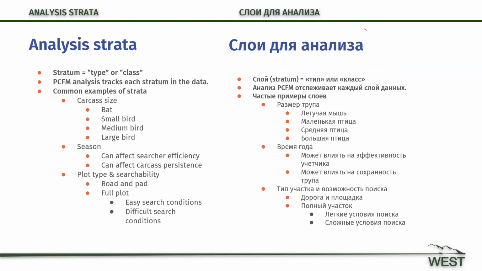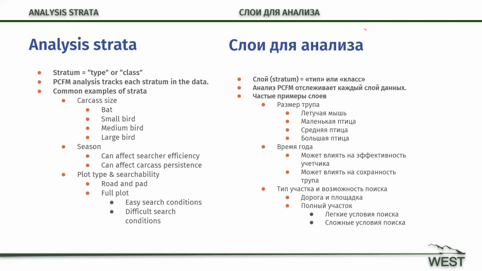Before I actually get you into what the data look like, I want to talk about a very important concept, which is analysis strata. A stratum is just a type or class of carcass. Post-construction fatality monitoring analysis tracks each stratum in the data because different types of carcasses have different detectabilities. It's a lot easier to find an eagle than it is to find a bat.